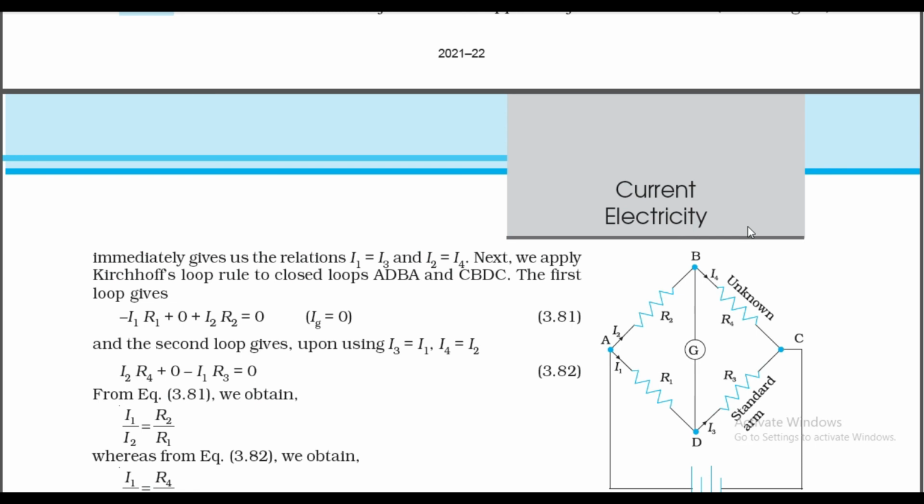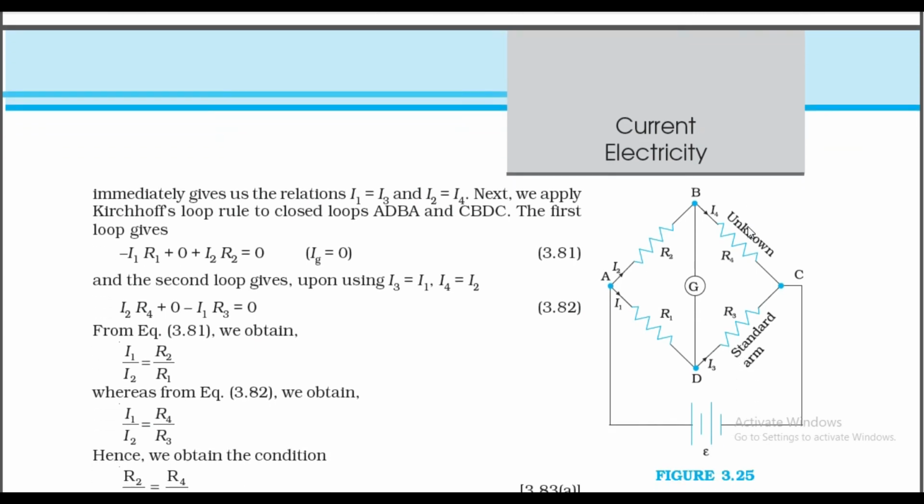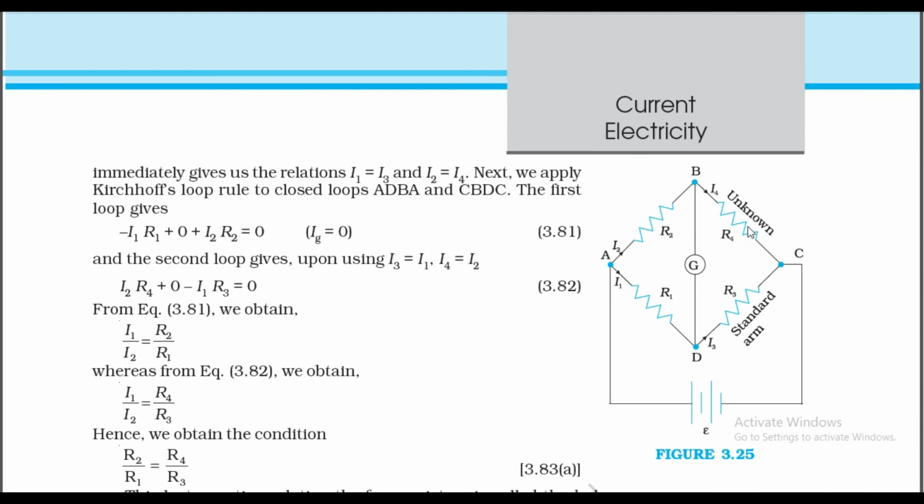Next, we apply the Kirchhoff loop rule to closed loops ADBA and CBDC. The first loop gives minus I1 R1 plus 0 plus I2 R2 is equal to 0, as Ig is equal to 0. The second loop gives, upon using I3 is equal to I1 and I4 is equal to I2, I2 R4 plus 0 minus I1 R3 is equal to 0.